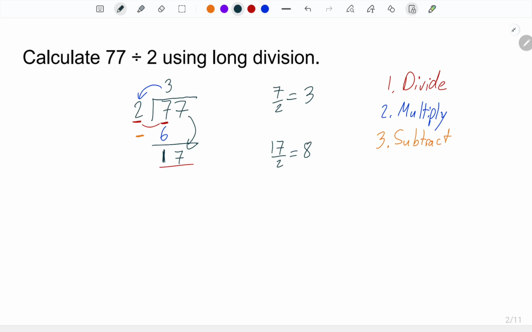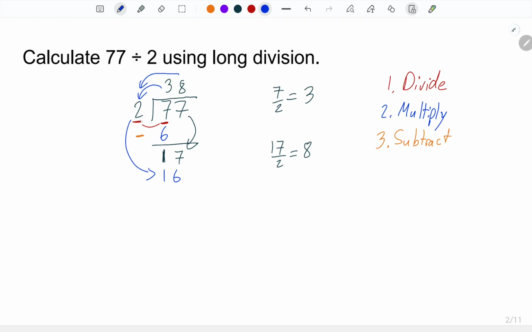That was the division step. Write that down up above, and then multiply that back in. 8 times 2 is 16.